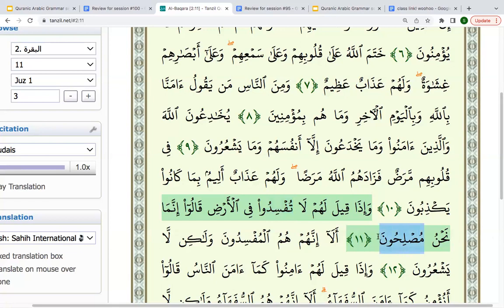Muslihuna. Now think about it. Be very careful. Can it be from your mazid fihi? Number one question. Mazid? Yes, because what helped you determine that? What helped you take that guess that this is mazid? More important, what is more important here?